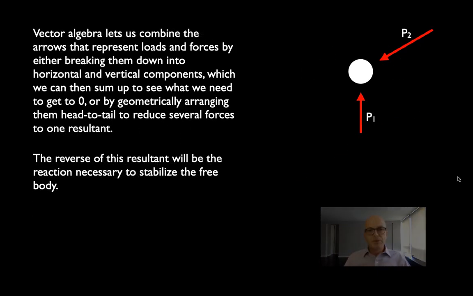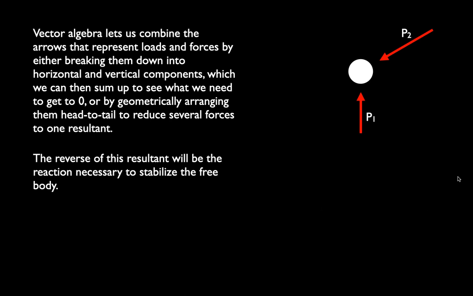So remember too that when we're working with vector algebra, this lets us add forces together. So here we have two forces, P1 and P2, that are working on the free body, and we can add those up in a couple of ways. We can break them down into horizontal and vertical components, or we can simply put them head to tail and figure out what the resultant would be.